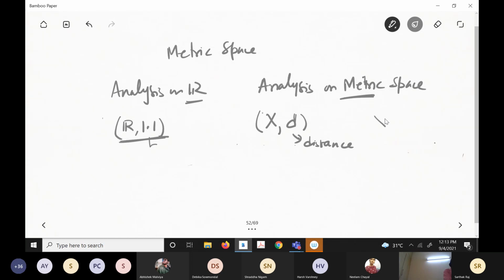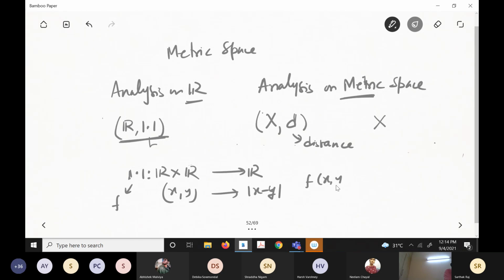And X is not just a set. Now look at what that means here. When I gave the concept, this is actually a function from R cross R, an ordered pair. This function I am denoting by mod. That means if you have x, y, a Cartesian ordered pair, your function was f of x, y.